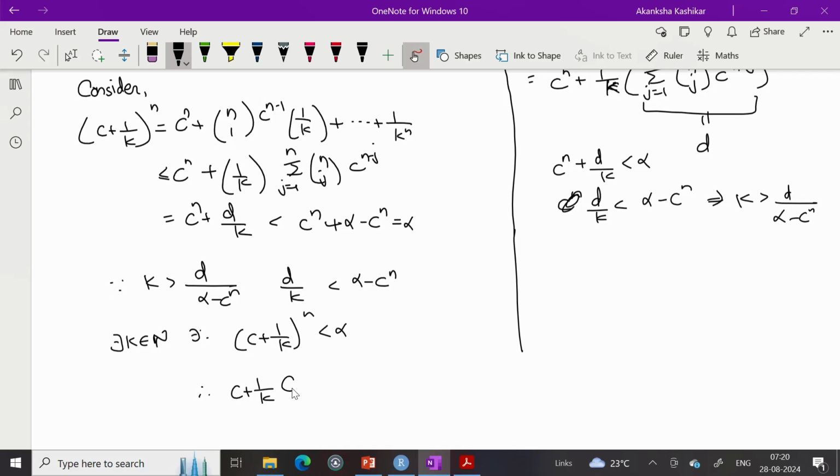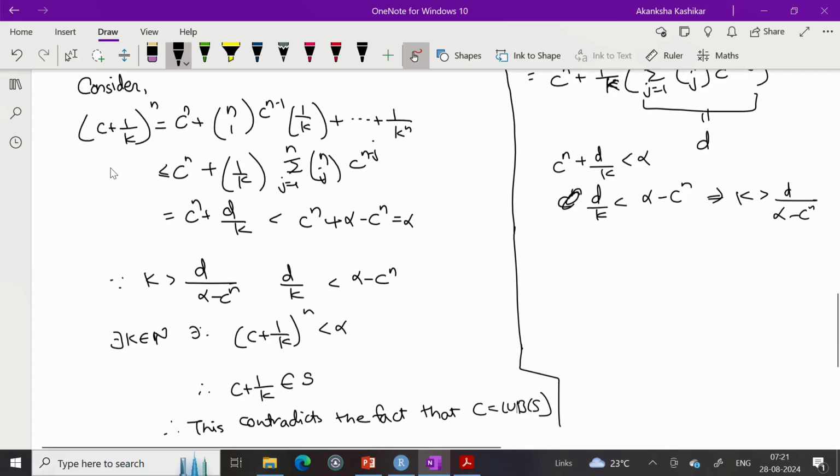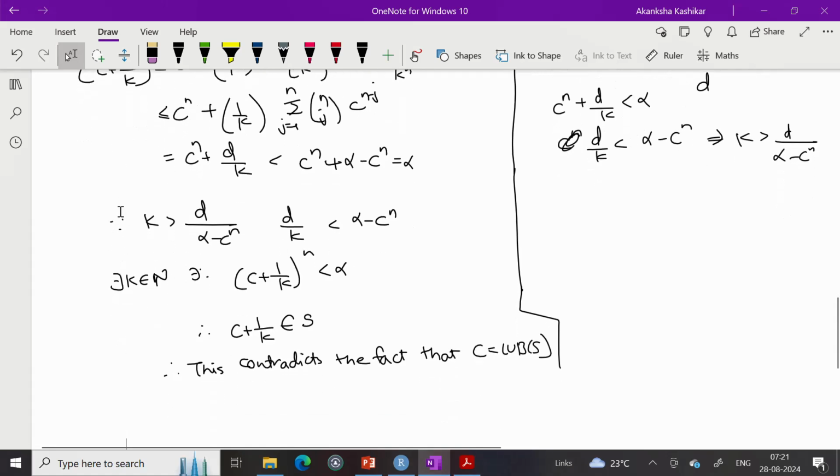Therefore, c plus 1 by k belongs to set S, and therefore this contradicts the fact that c is the least upper bound, because this c is no longer an upper bound. C plus 1 by k is in S. So this contradicts the fact that c is LUB of S. Therefore, this case is impossible. That is, c raised to n cannot be less than alpha.